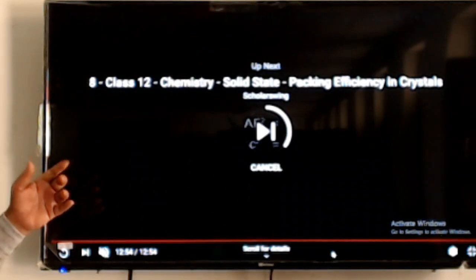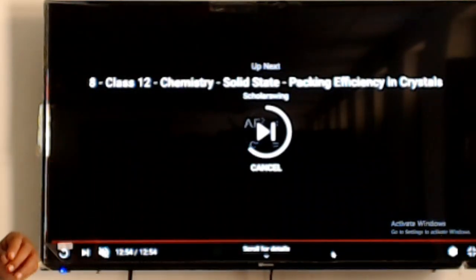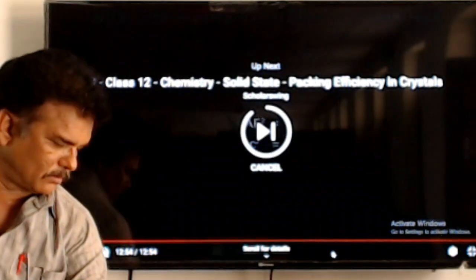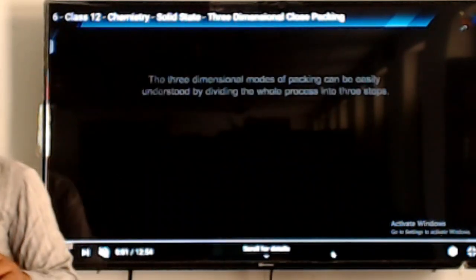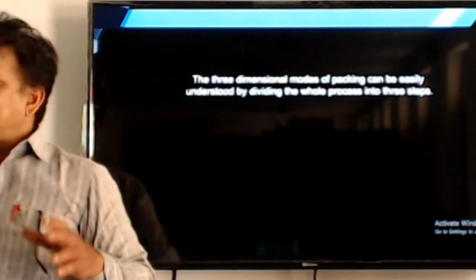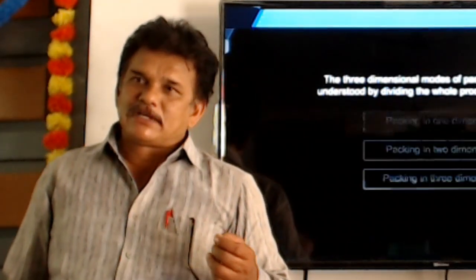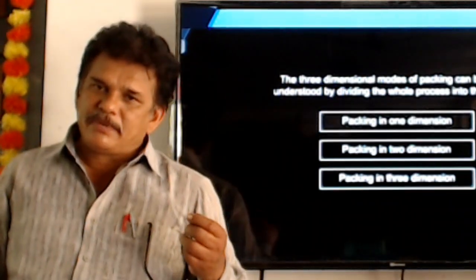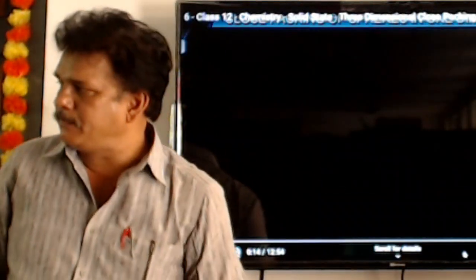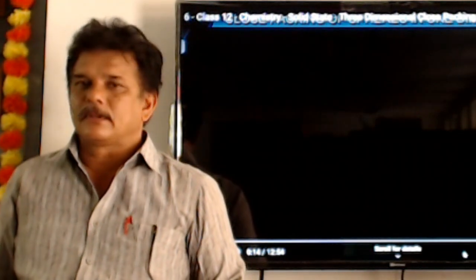So coordination number is 12. In three-dimensional close packing, that means AB type of close packing or ABC type of close packing, coordination number is 12.